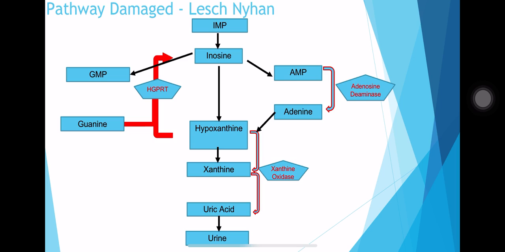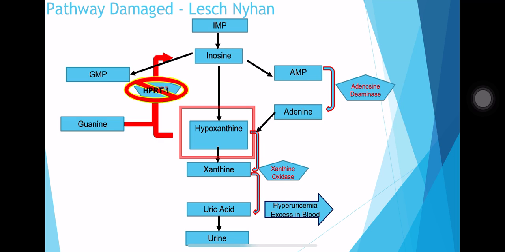In Lesch-Nyhan syndrome, this salvage cycle is damaged. There's a mutation in the HPRT1 gene, which leads to the damage of the salvage cycle because there are inadequate amounts of the HPRT enzyme being produced. This ramps up the de novo pathway, which leads to excess hypoxanthine. Excess hypoxanthine leads to excess uric acid in the blood, or hyperuricemia.